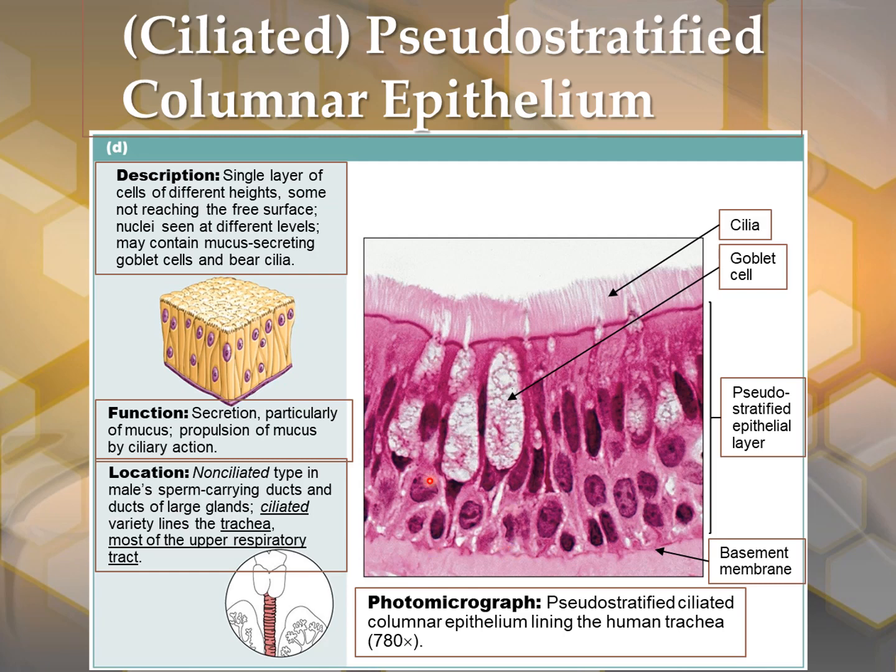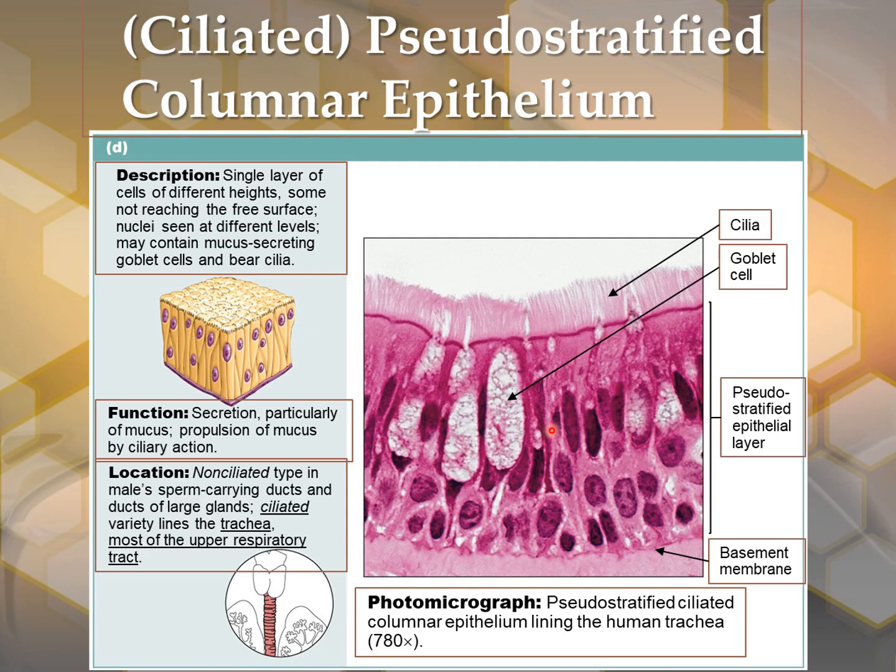So these cells are all kind of various lengths. They don't always go top to bottom. So they're very different. And you notice that all the nuclei are not perfectly lined up in the center of the cells.